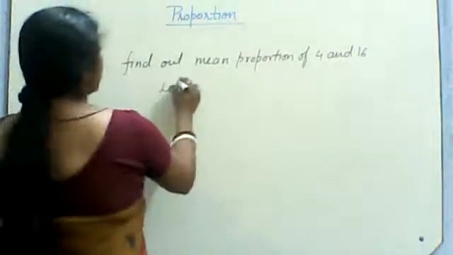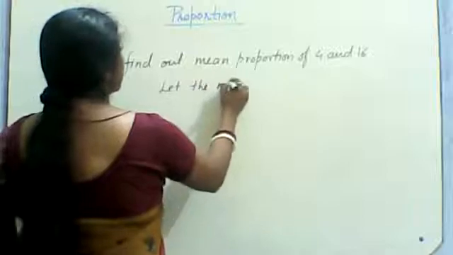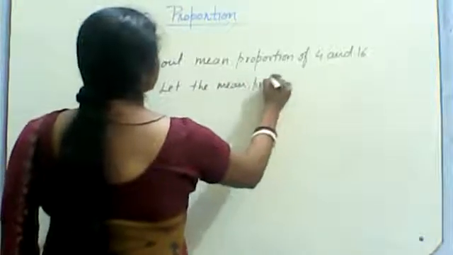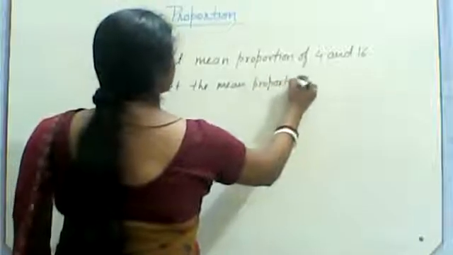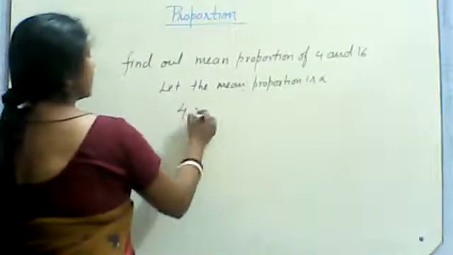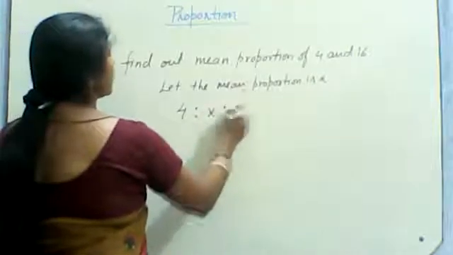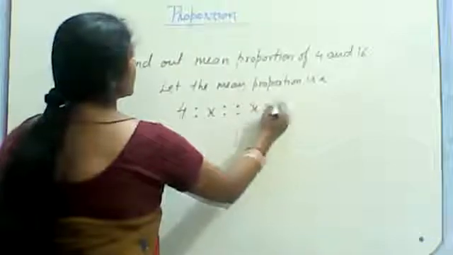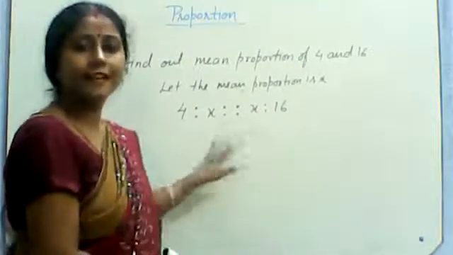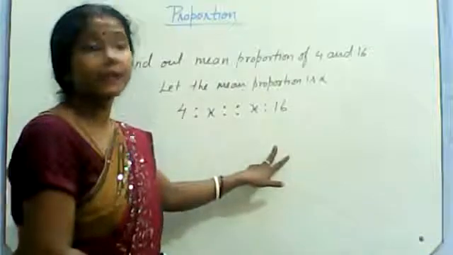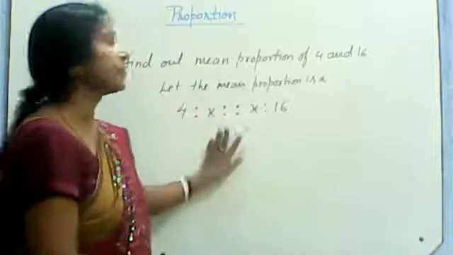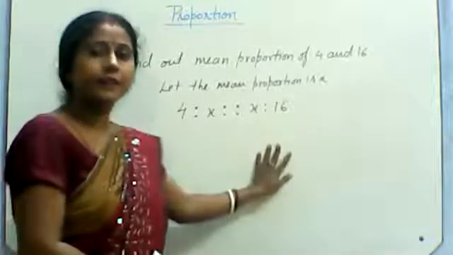So we will let the mean proportion be x. So we write 4 ratio x proportion to x ratio 16. If it is asking to find out the mean proportion, you have to let the mean proportion be x and then write like this.